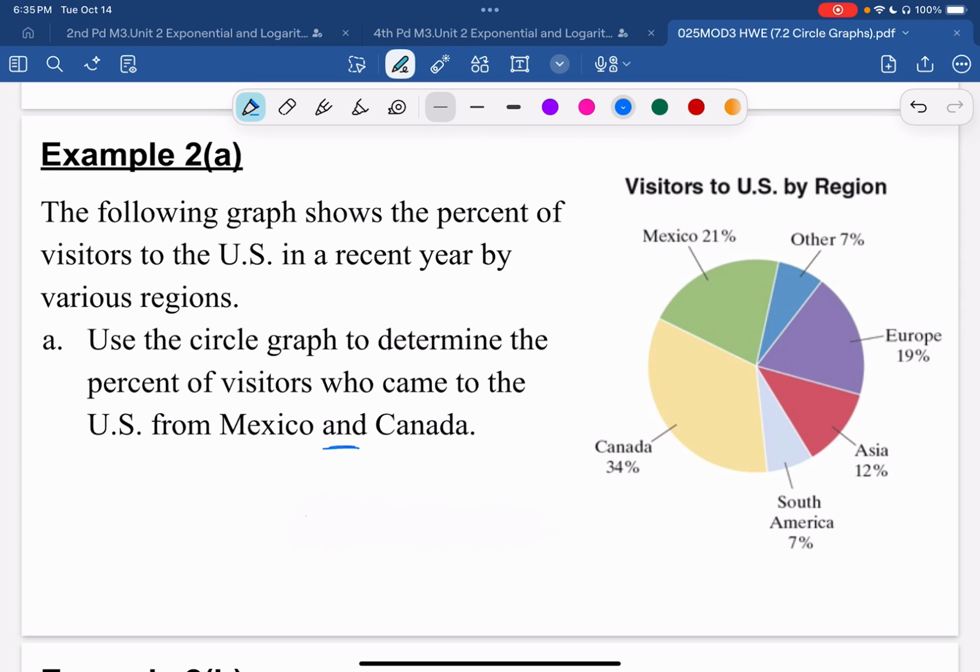So Mexico, 21%. Canada, 34%. And so if it wants to know the percent of both, I'm just going to add those two values together. And that gives me a total of 55%.